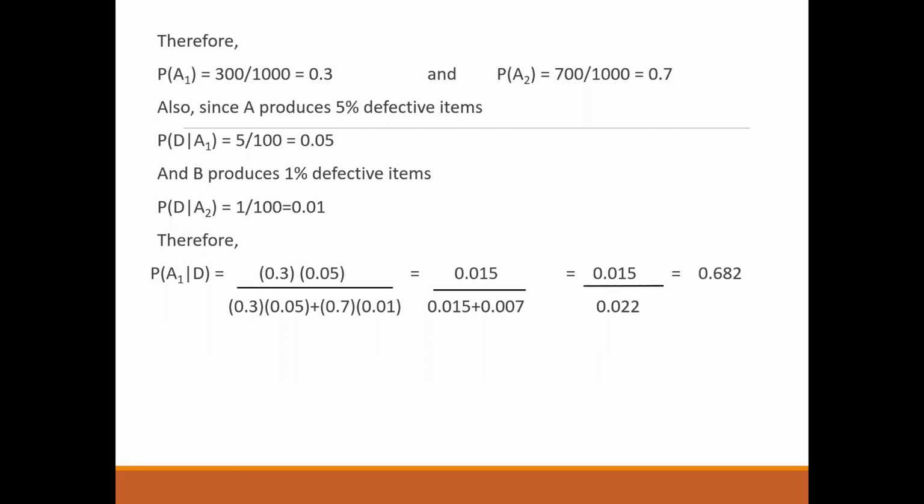You can do the calculation if you want. And the final answer will be 0.682. So the probability that the item is defective and it has been produced in machine A is 0.682.